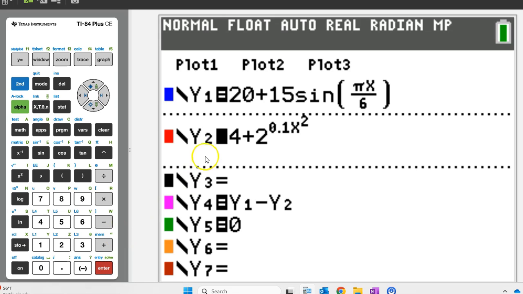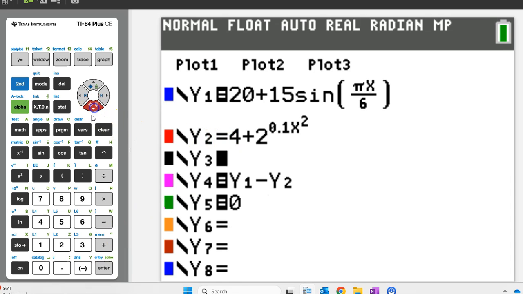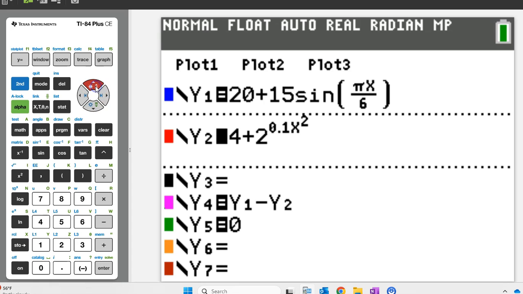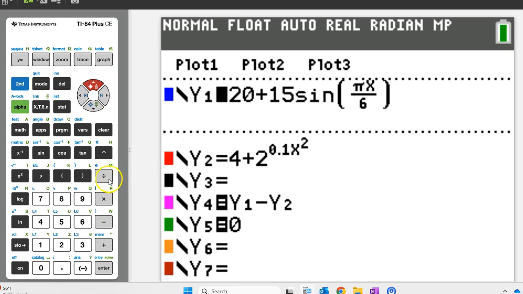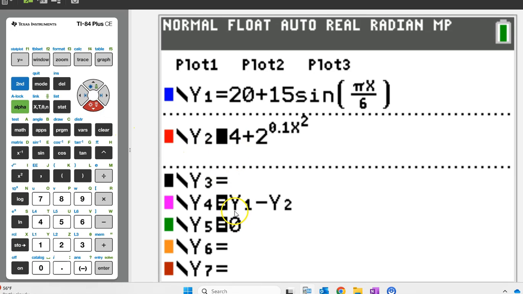If I hit enter, it's not highlighted anymore. So when I graph, it will only graph the equations where the equal signs are highlighted. So let's turn off the graph of y1 by hitting enter. So when we hit graph later, it will only graph f prime and the x-axis.